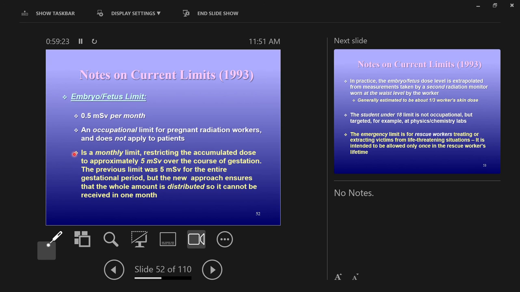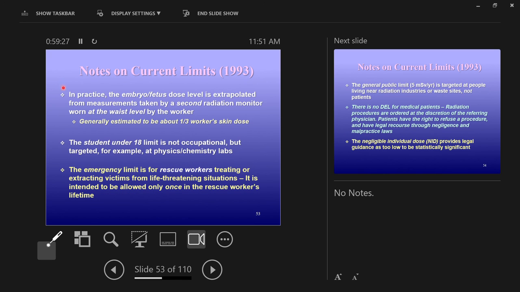That's our embryo limit. We get this by measuring the dose level taken from a second radiation monitor worn at the waist level by the worker. So, second monitor worn at waist level. Now, are you talking about patient and technician? No, this does not apply to patients. So this is if I'm pregnant and a technician.